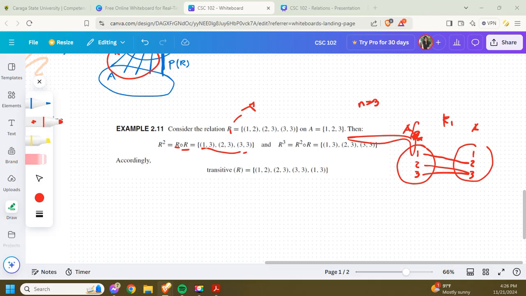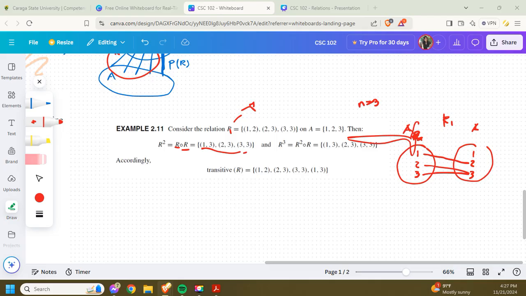Okay? So here 1, 2 and 2, 3 are existing, so that means 1, 3 exists here. Okay? Here 2, 3 and 3, 3 are existing, so 2, 3 exists here.